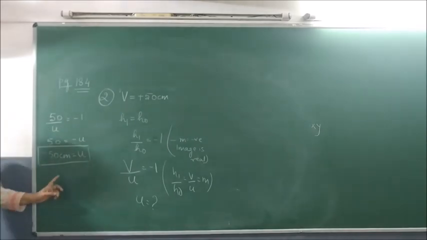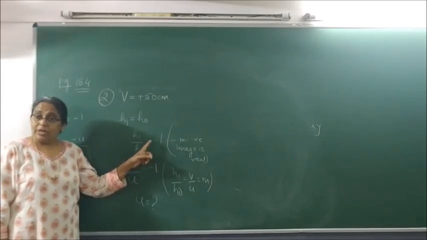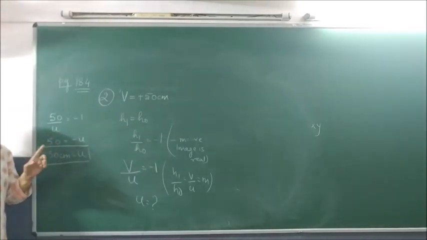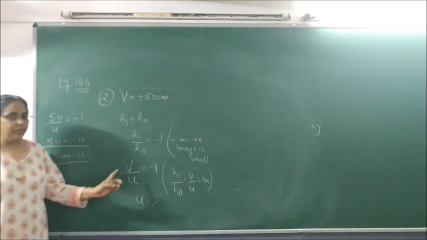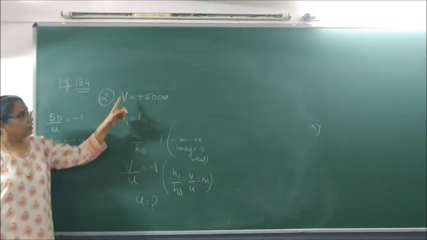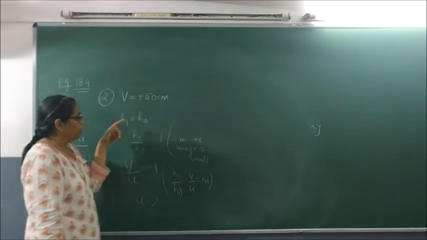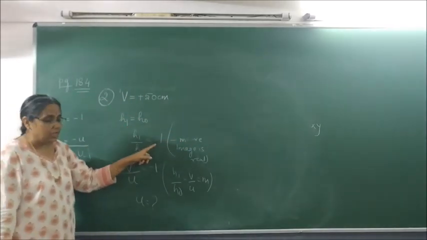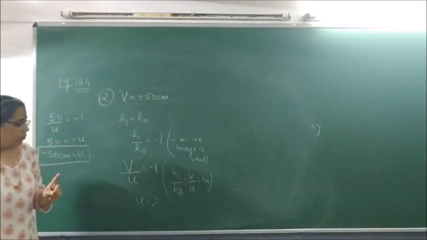Understood? The moment you go wrong, if you put this as plus 1, you will get u in plus. But you know u can never be positive. It should always be negative, whether it is a mirror or a lens. So you have to recheck if the answer comes in plus. Explanation clear? v is plus 50 because the image is formed on the other side of the object. hi/ho is minus 1 because it is real and inverted.